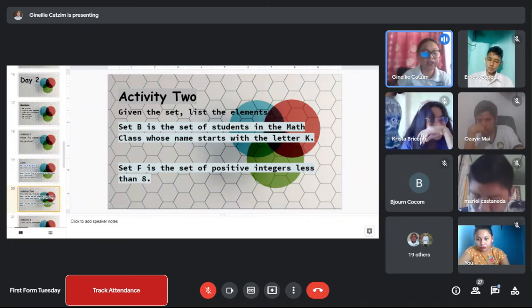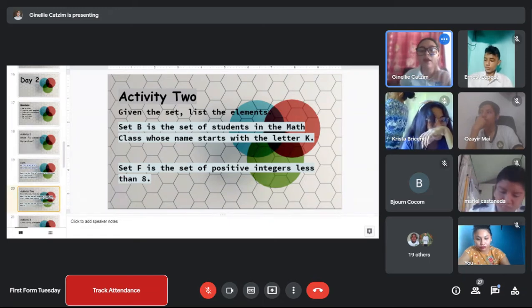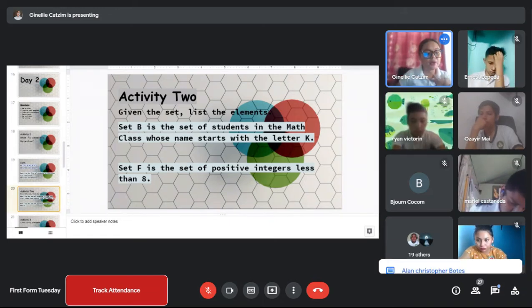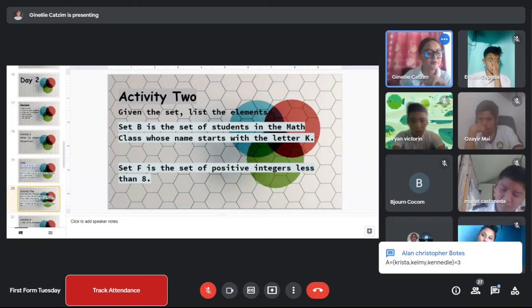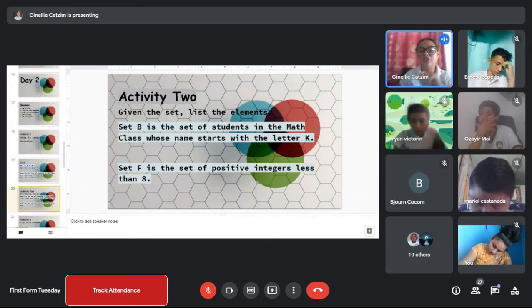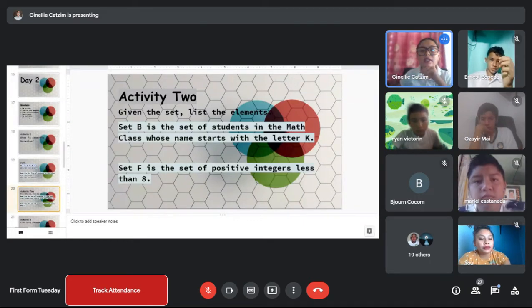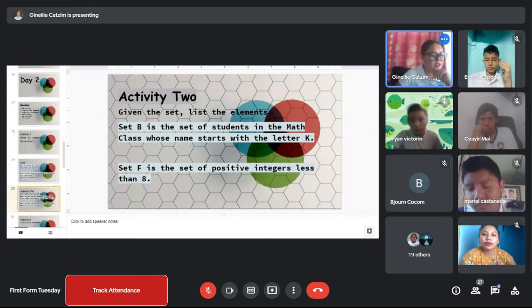Remember that less than means smaller and greater than means bigger, right? We are now in set F is the set of positive integers less than 8. I just want the elements, right? I just want the list of elements.